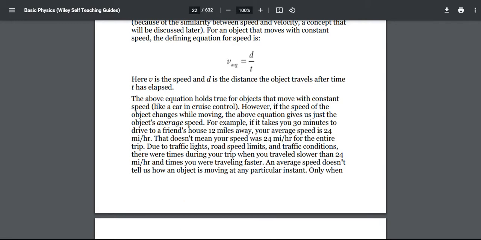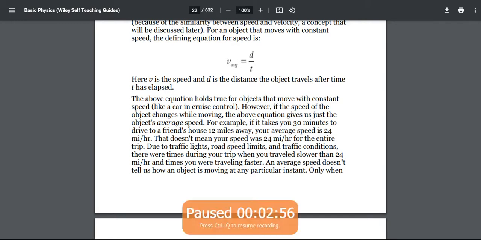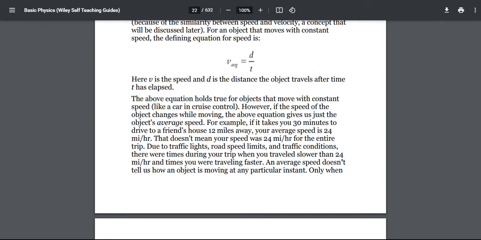Let's say again, it takes you 30 minutes to drive to your friend's house which is 12 miles away, so it will take 1 hour to go 24 miles because 12 times 2 is 24. So our average speed is 24 miles per hour.